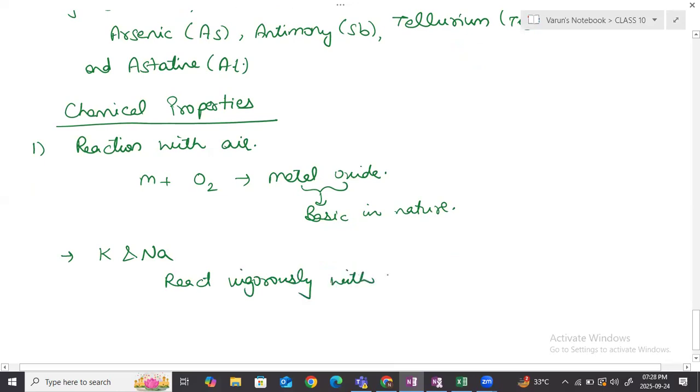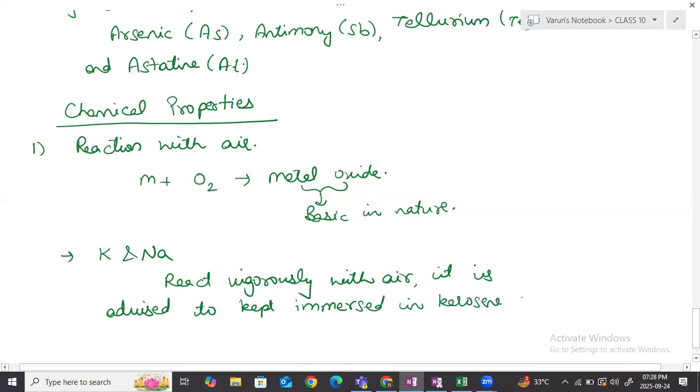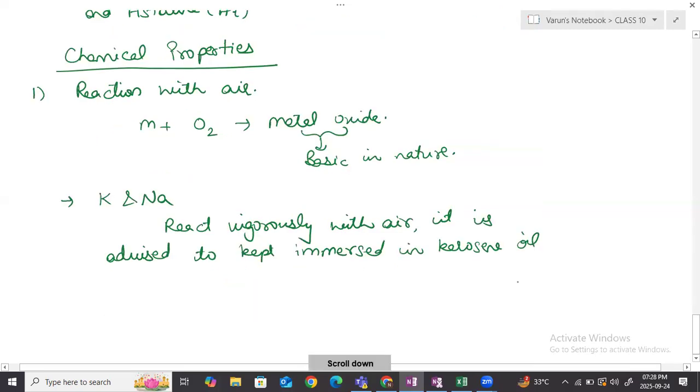As these react vigorously with air, it is advised to keep them immersed in kerosene oil, because in kerosene oil there is no air, and if there is no air, these do not react. Is it clear?